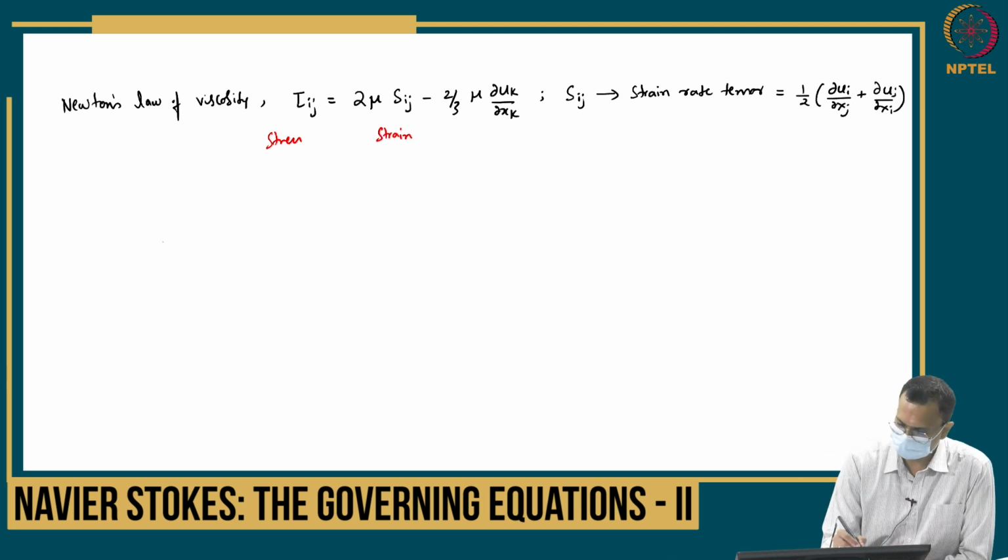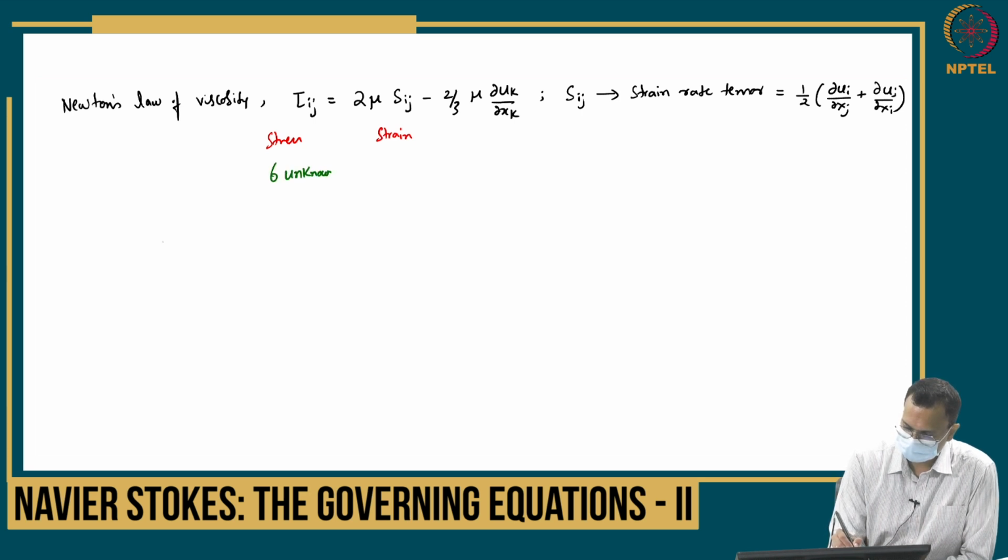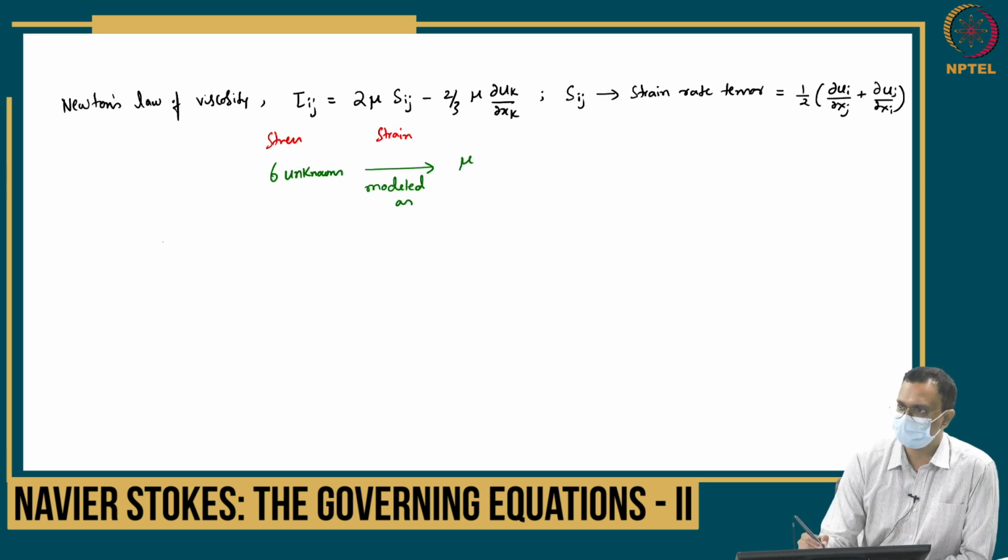So now these were 6 unknowns, right? These 6 unknowns are now modeled as this. Here mu is your molecular viscosity, which you can know for a particular Newtonian fluid, so that is taken care of. And then what do you need here?